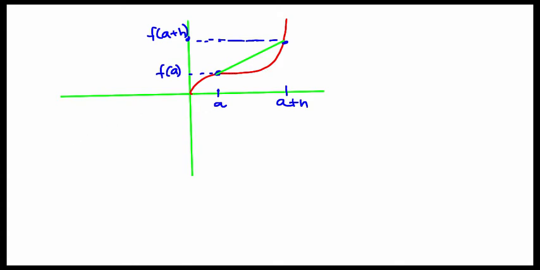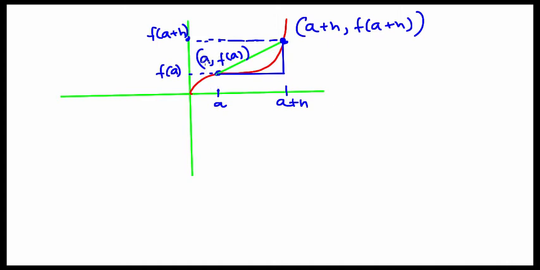This will be the change in x, and this will be the change in y. This point right here is a plus h comma f of a plus h, and this point right here is a comma f of a.